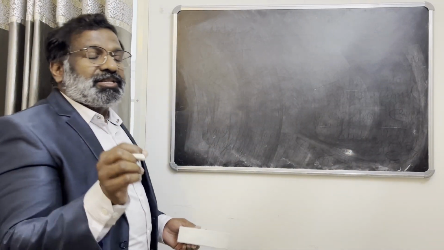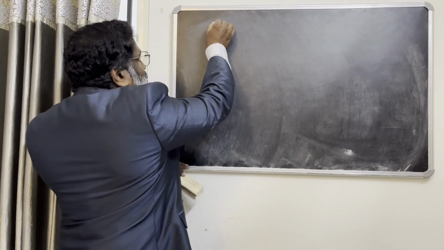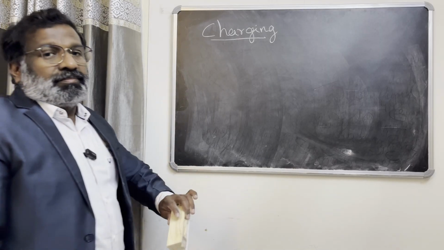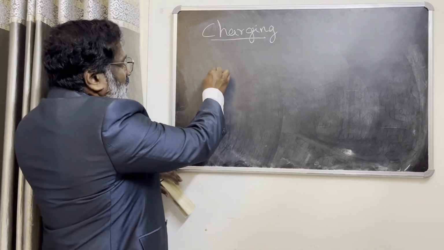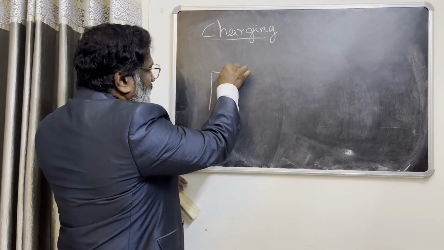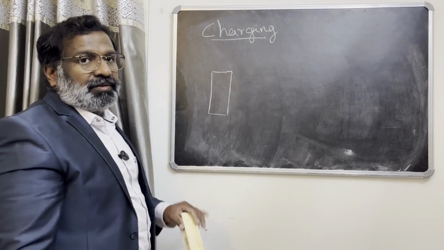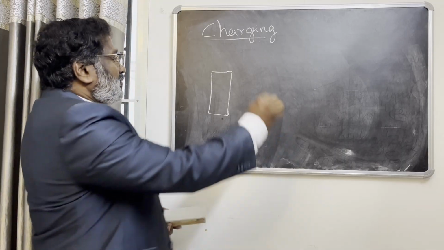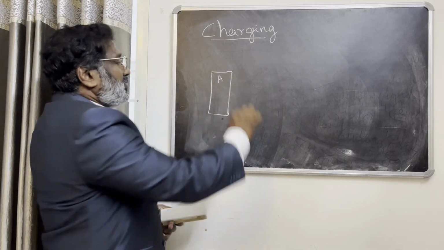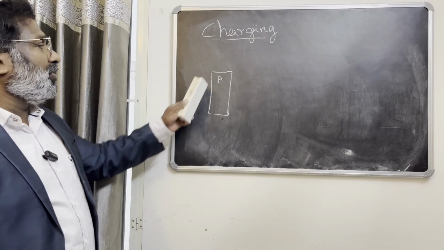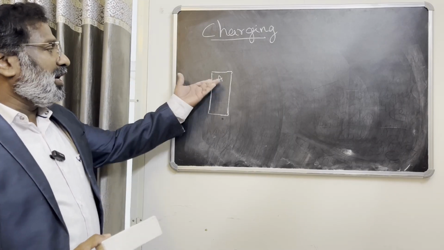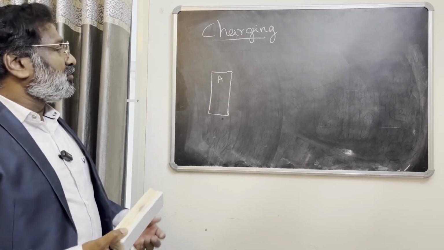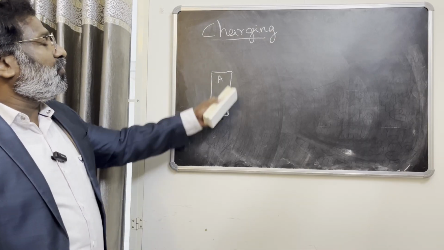So, next we are going to discuss about charging of a body. Consider a metal piece, let us denote it as A. A may be copper, aluminum, iron or some other metal. What is the charge of this metal?